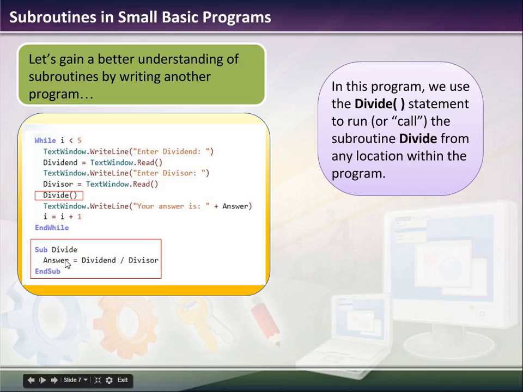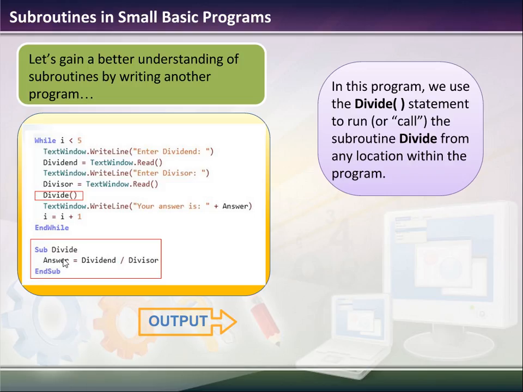It takes the variable answer and sets it equal to the dividend divided by the divisor. We don't know what those are, so we have to look at the program itself. It says enter a dividend, and we would enter the dividend. Then it says enter a divisor, and we would enter the divisor, and then it would run divide, and it'll say your answer is whatever the answer is.